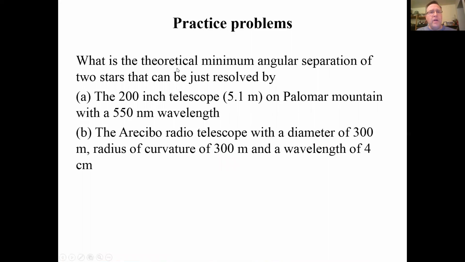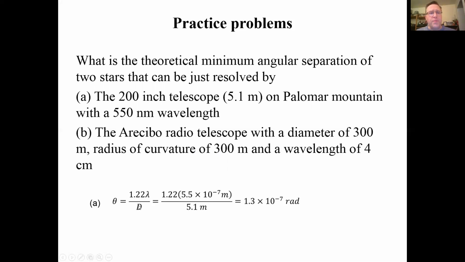So, an astronomical example: what is the theoretical minimum angular separation of two stars that can just be resolved by, for instance, a 200-inch telescope on Palomar Mountain, when you're looking with a 550 nanometer wavelength, which is roughly a green-yellow wavelength? And the other one is the Arecibo radio telescope in Puerto Rico, which has a diameter of 300 meters and is typically used for radio wavelengths on the order of 4 centimeters.